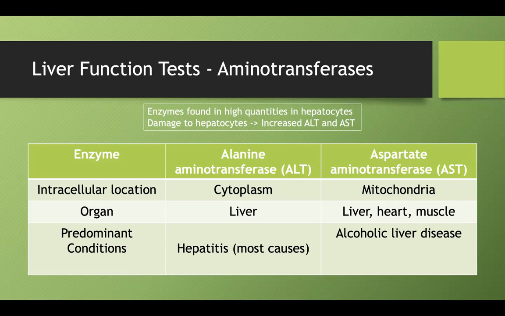But they might even throw you a trick question where they give you another cause where somebody's coming in, let's say an older lady is coming in after being found down for several hours, and her potassium's elevated and her AST is extremely high. And they have an elevated CK level, they might ask you, what's going on?